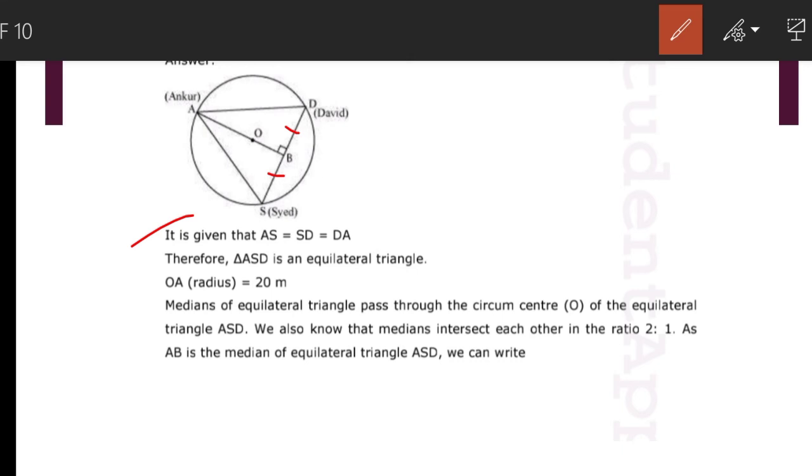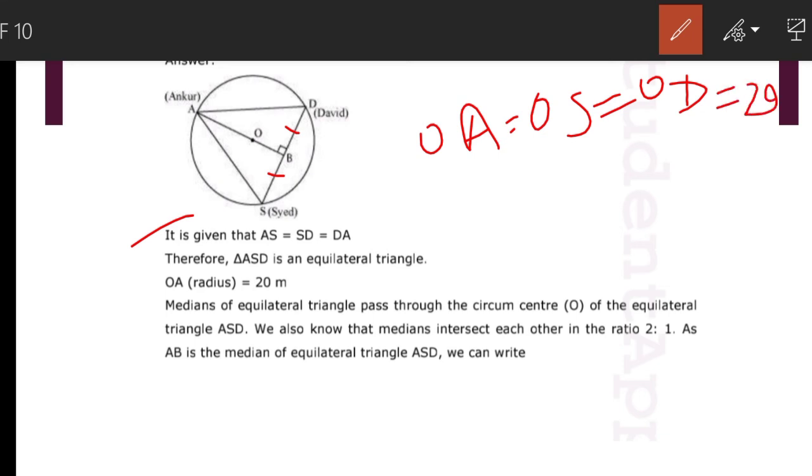The radius of the circle is given as 20. So the distances OA and OS and OD are all 20 meter. The median of an equilateral triangle passes through the circumcenter O of the equilateral triangle ASD. When we did theorem 5, there was a remark that if ABC is a triangle, there is a unique circle which connects the three points of the triangle.